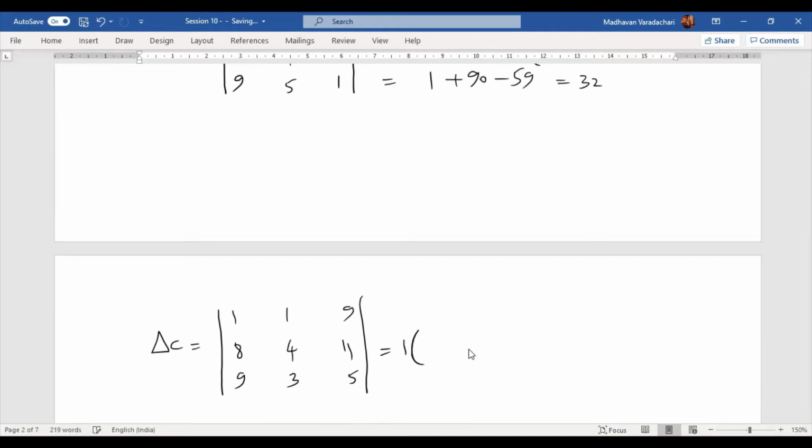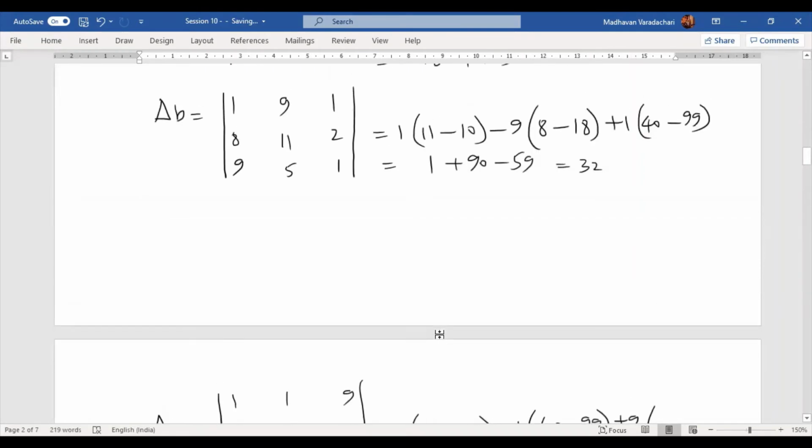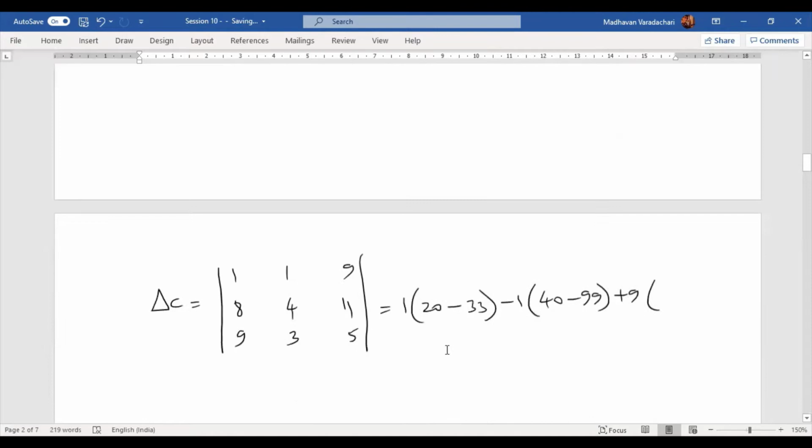So it is 1 times 4 into 5, 20, 3 into 11, 33. Minus 1 times 8 into 5, 40, minus 9 into 11, 99. Plus 9 times 24 minus 36.